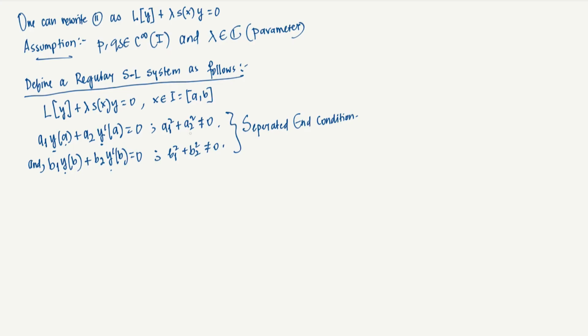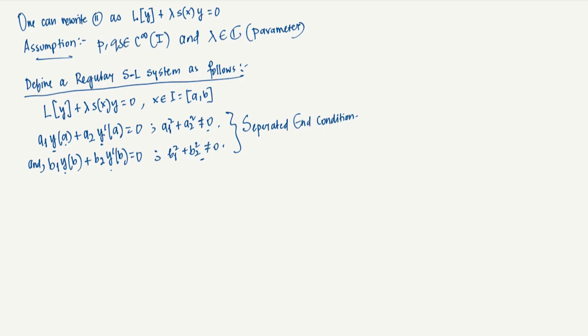Now what about a1 squared plus a2 squared not equal to 0 and b1 squared plus b2 squared not equal to 0? If a1 squared plus a2 squared equals 0, it means you do not have any condition, so the first condition becomes invalid. Similarly, if b1 and b2 are both 0, then the second condition is invalid.